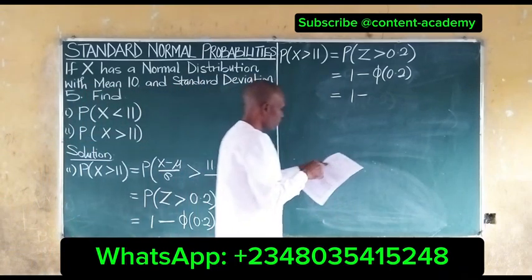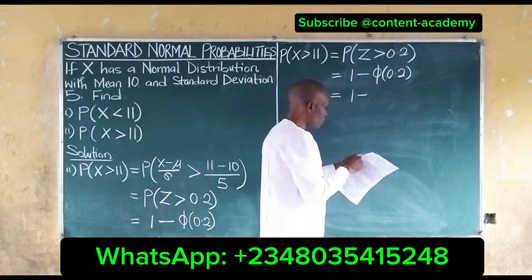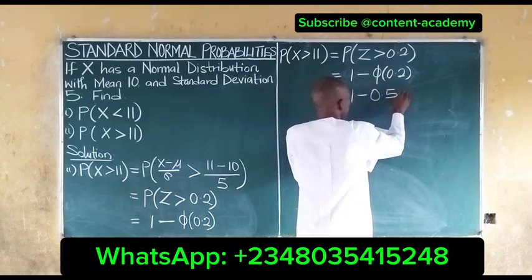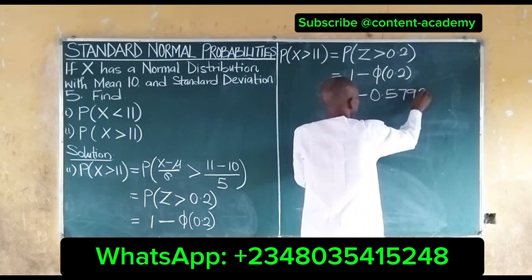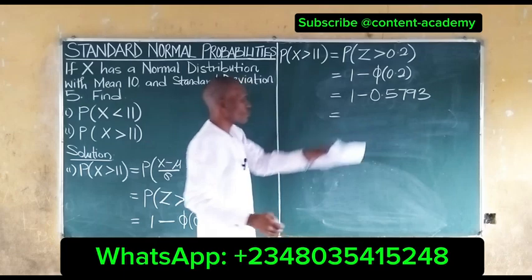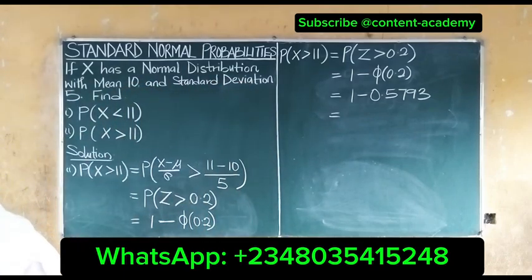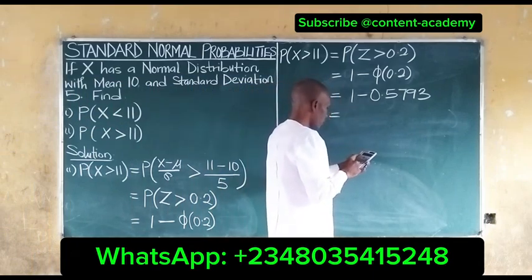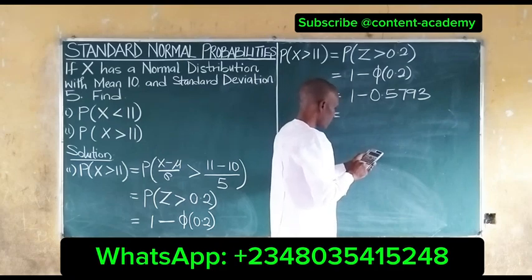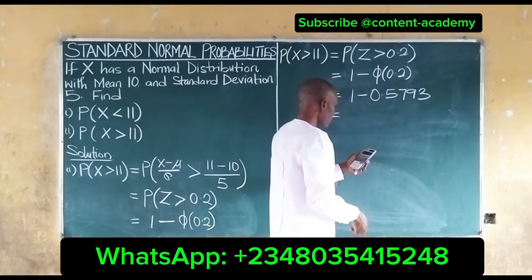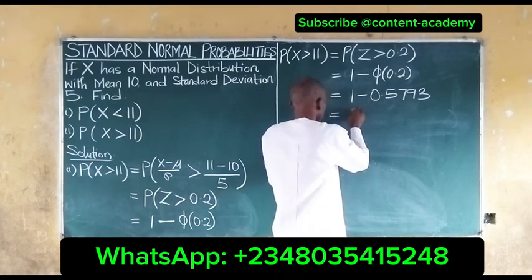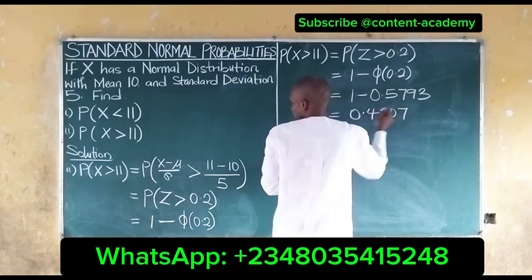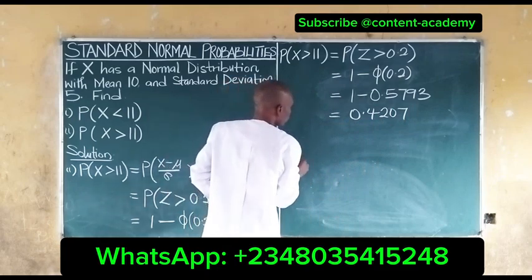We look for it again, 0.2 under 0.00, and we have 0.5793. So all we need is 1 minus 0.5793, which gives 0.4207. This is for the second question.